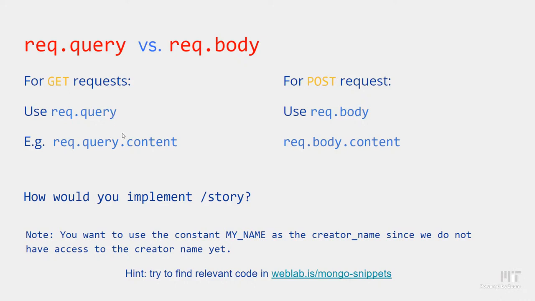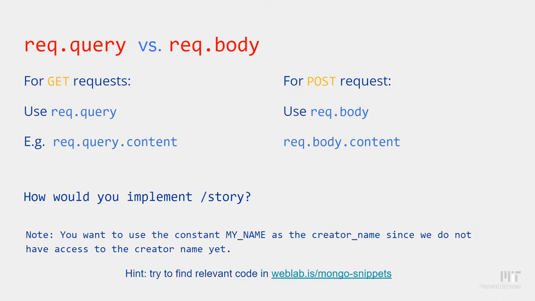And so if the front end sends the back end a field called content in a GET request, we get that value by doing req.query.content. But in the case of a post request, all of the data that the front end sends to the back end is located in the object of req.body.